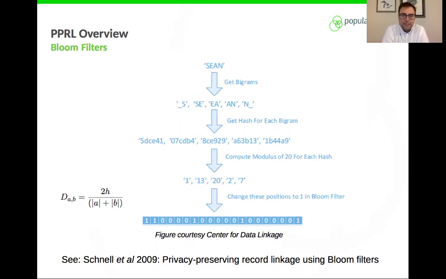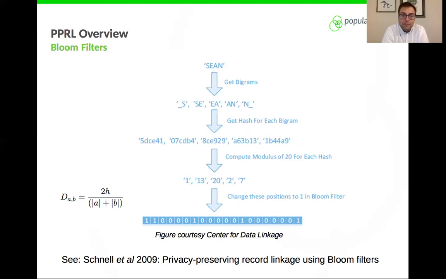One method to do partial string comparisons is to use Bloom filters. And for a good background on this, I refer you to Rainer Schnell's 2009 paper, Privacy Preserving Record Linkage Using Bloom Filters. The principle is that you can separate a string into bigrams and hash each bigram separately, compute the modulus based on the length of the Bloom filter that you want, and then flip the bit of that position to 1 for each bigram.